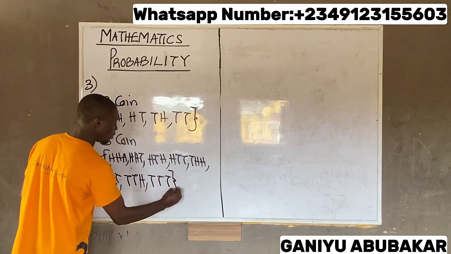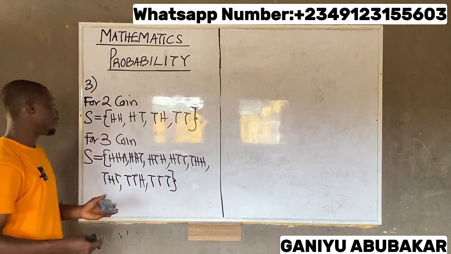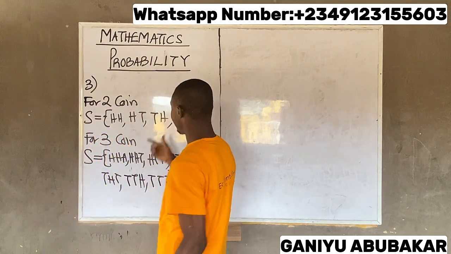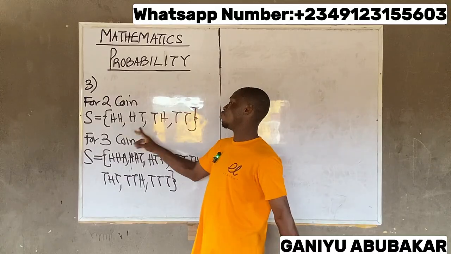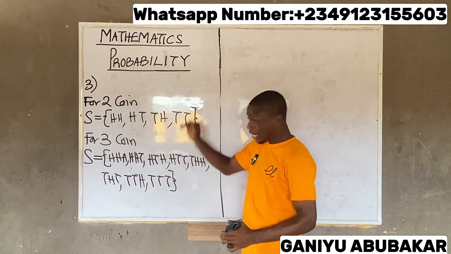This is the sample space for three coins. That's 8: 1, 2, 3, 4, 5, 6, 7, 8. So the question focuses on two coins and three coins.